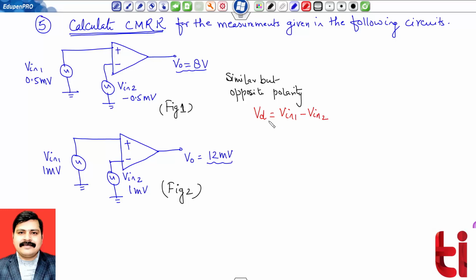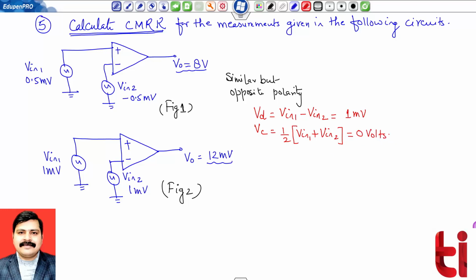So by doing this, Vd will be equal to 0.5 millivolt minus minus 0.5 millivolt, it is 1 millivolt. And in the same situation, the common mode signal Vc will be equal to 1 by 2 of V in 1 plus V in 2. So for scenario number 1, you can check Vc will be equal to 0 volts.